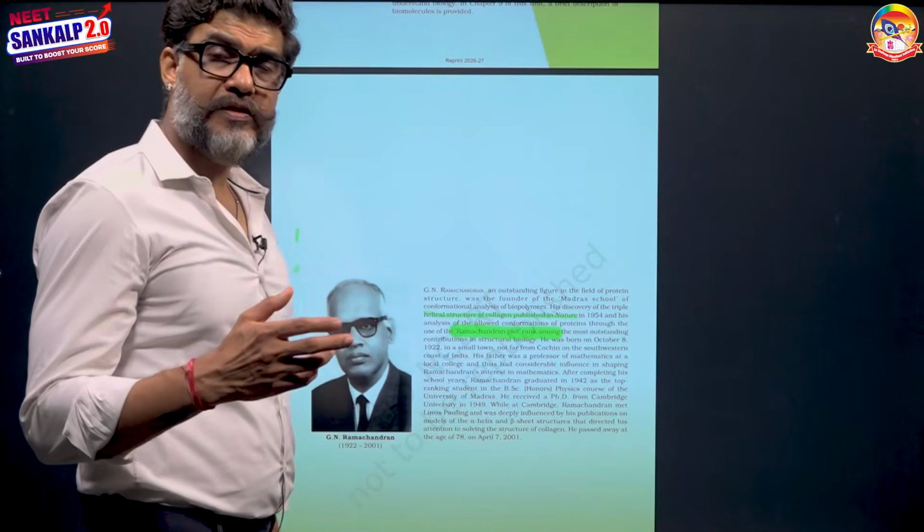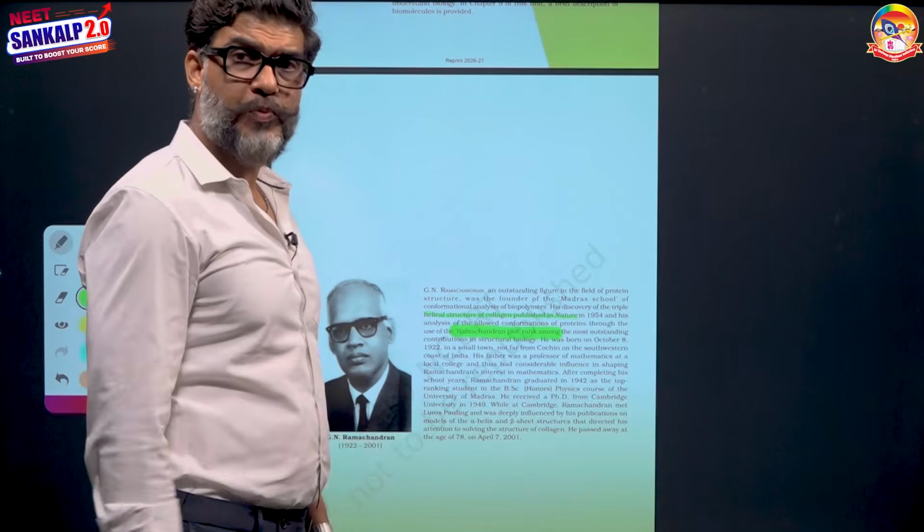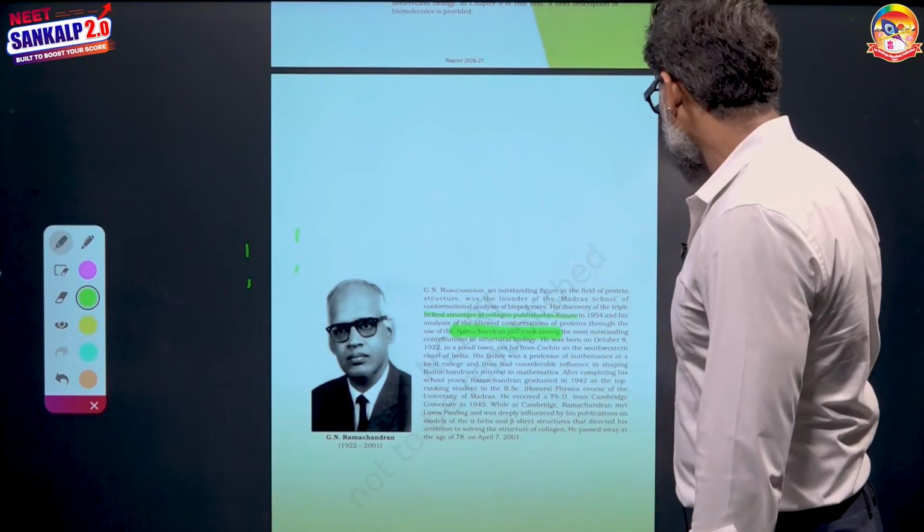These are mathematical graphical presentations with the help of which protein structure can be found out. So keep it in your memory.